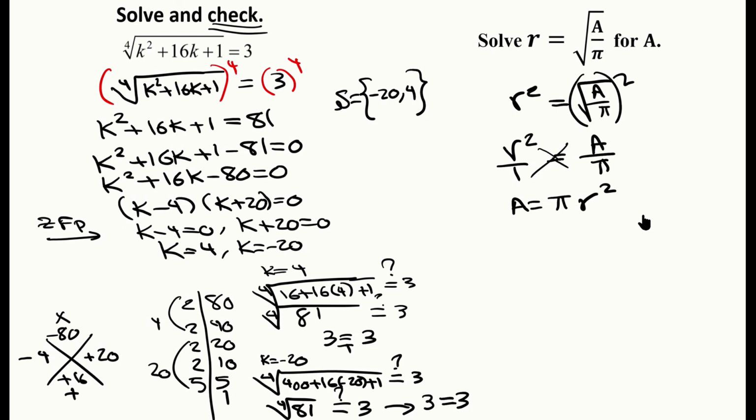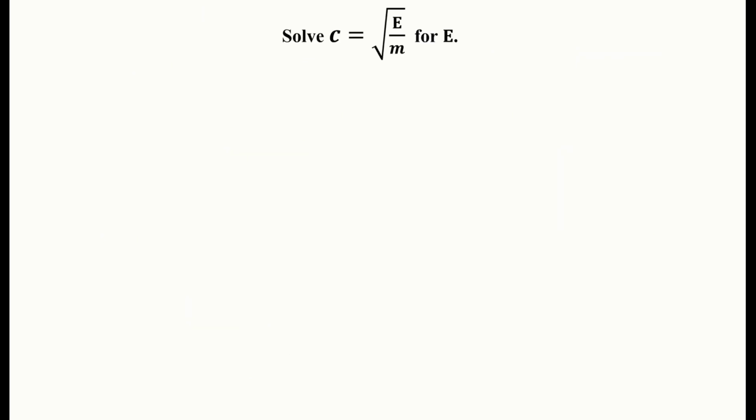So make sure you can do these two problems before we proceed. All right, so we're going to end the day by honoring Albert Einstein by solving this equation for capital E. Very similar to the previous one, we're going to go ahead and square both sides.